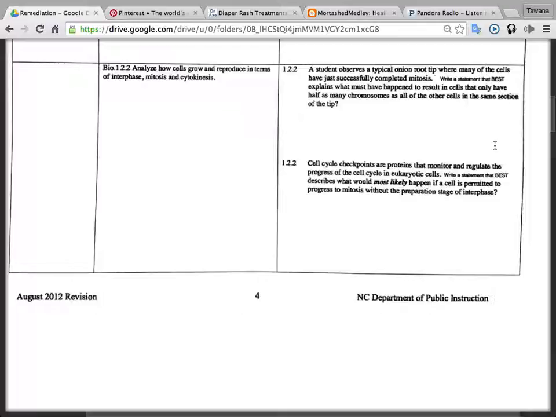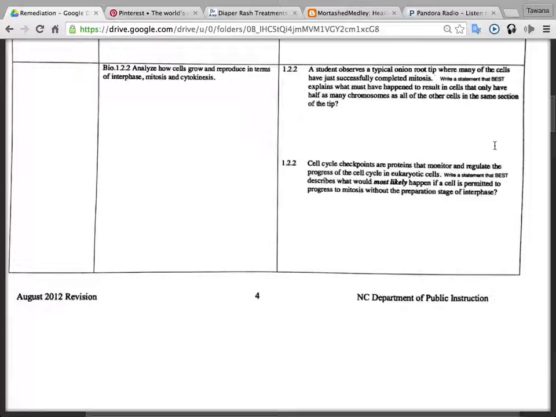Question says, the student observed a typical unusual research where many of the cells have successfully completed mitosis. Write a statement that best explains what happens to adult cells that only have as many chromosomes as all the other cells in the same section of the tip. I'm going to give you some answer choices here.